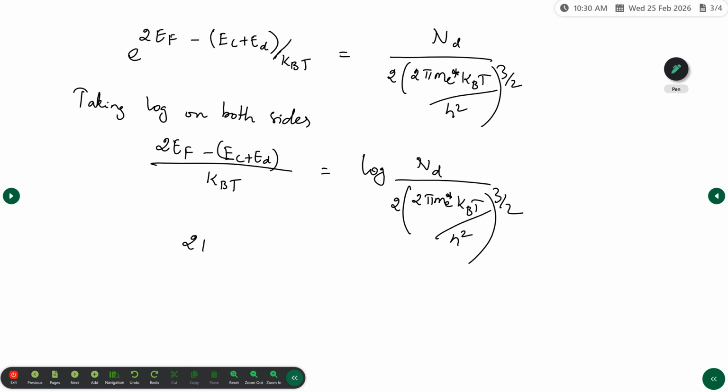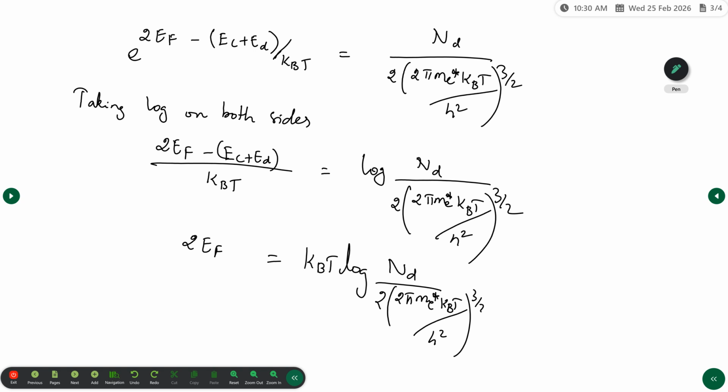Here 2EF is equal to kBT log of ND divided by 2 into 2 pi ME star kBT, and the next thing, this term will go this side, so plus EC plus ED.